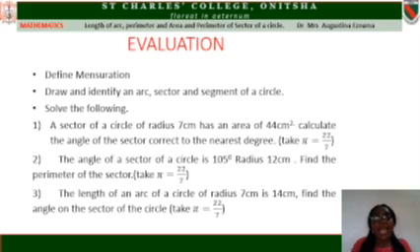Now, the third one is solve the following. 1. A sector of a circle of radius 7 cm has an area of 44 cm squared. Calculate the angle of the sector correct to the nearest degree.